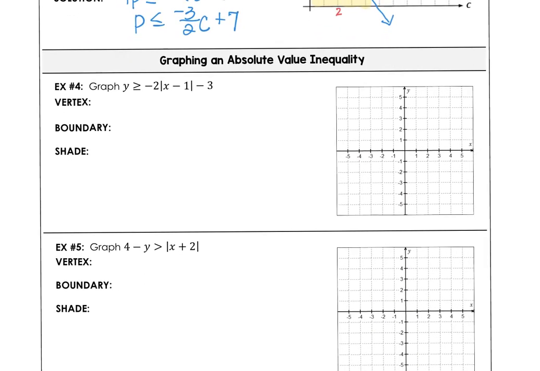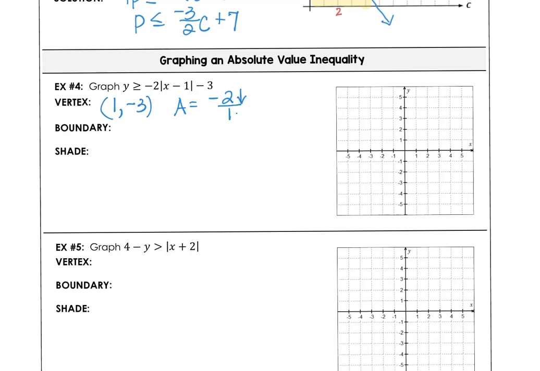Example 4, we want to graph y is greater than or equal to negative 2 times the absolute value of x minus 1, minus 3. So here our vertex is (1, -3), and the a value is negative 2. So it's an absolute value.